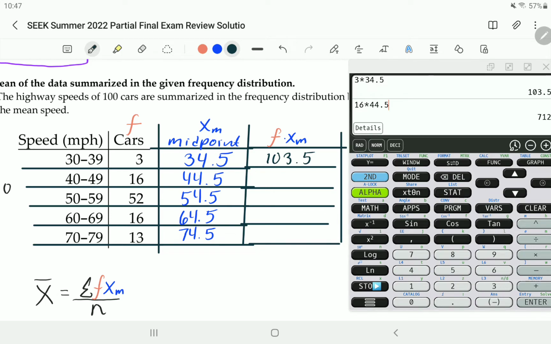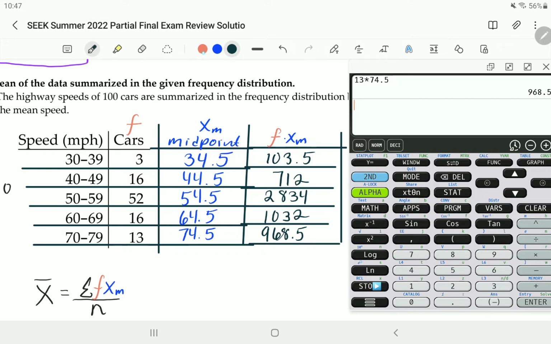That is 712. 52 times 54.5, 2,834. 16 times 64.5. That is 1,032. And then we have 13 times 74.5. That is 968.5.